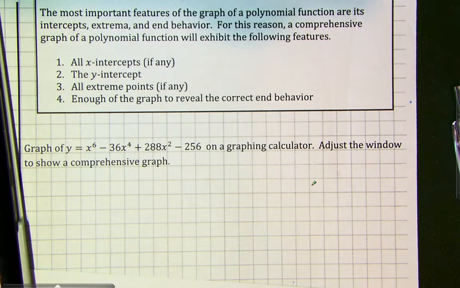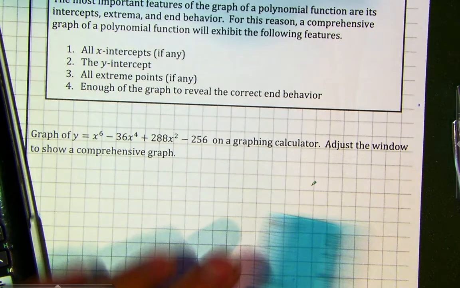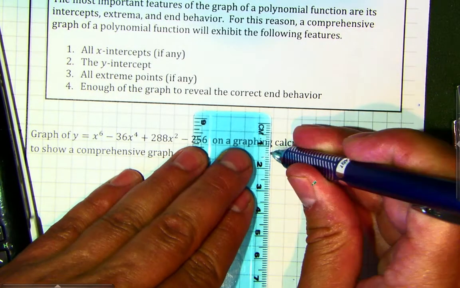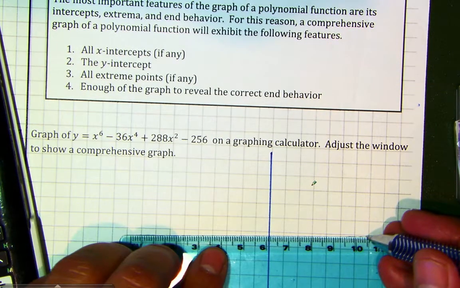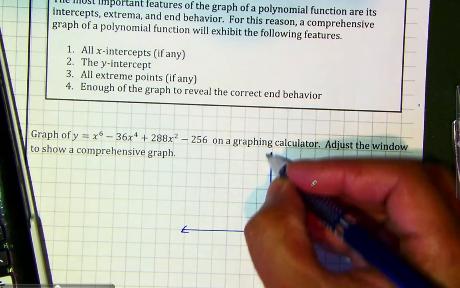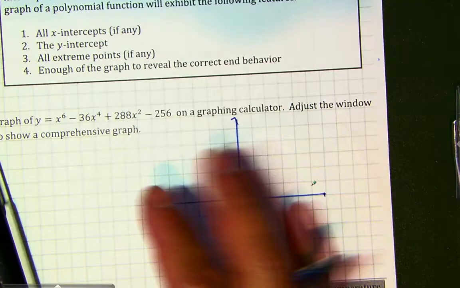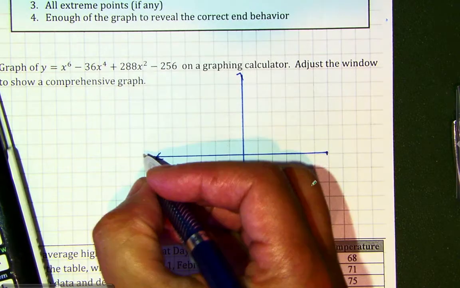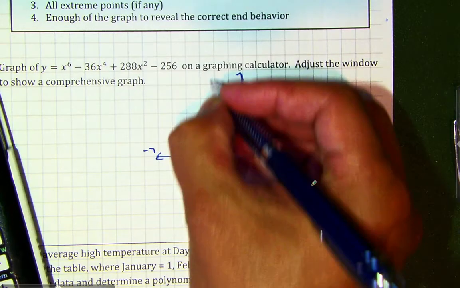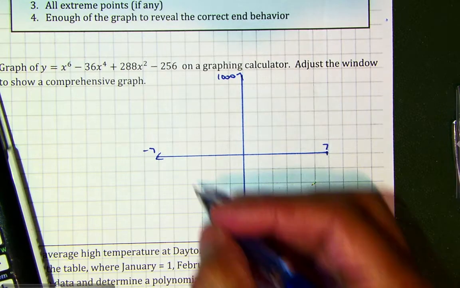And we're going to do just a quick graph. So the way that you're going to write it down, you're going to say the window is from -7 to 7, 1,000 to -1,000. And then you can just give me a rough sketch.